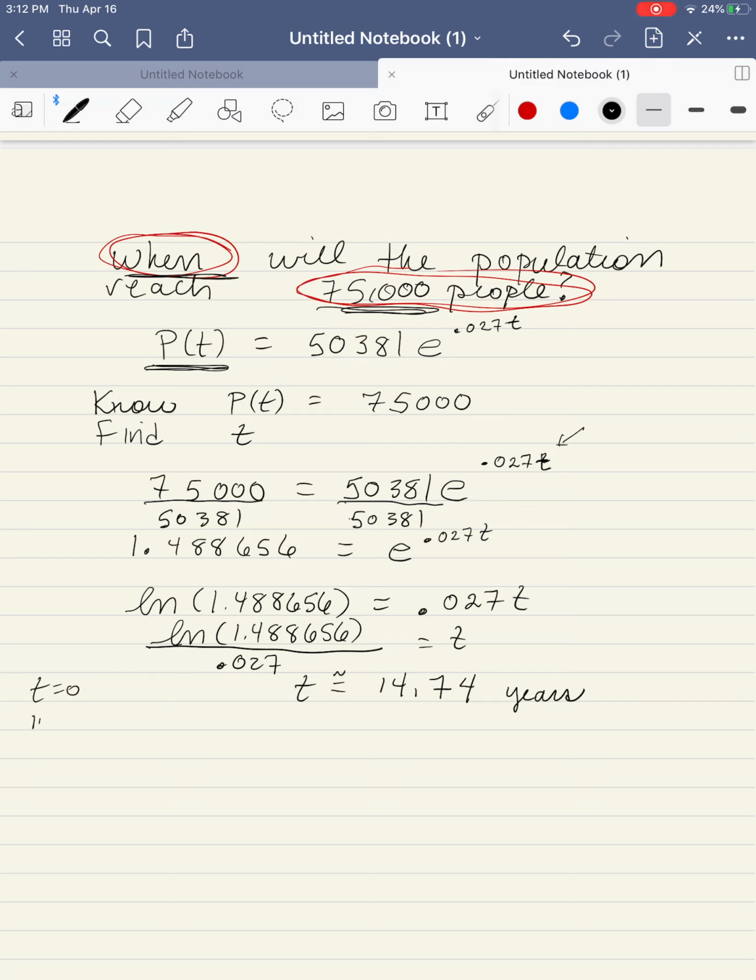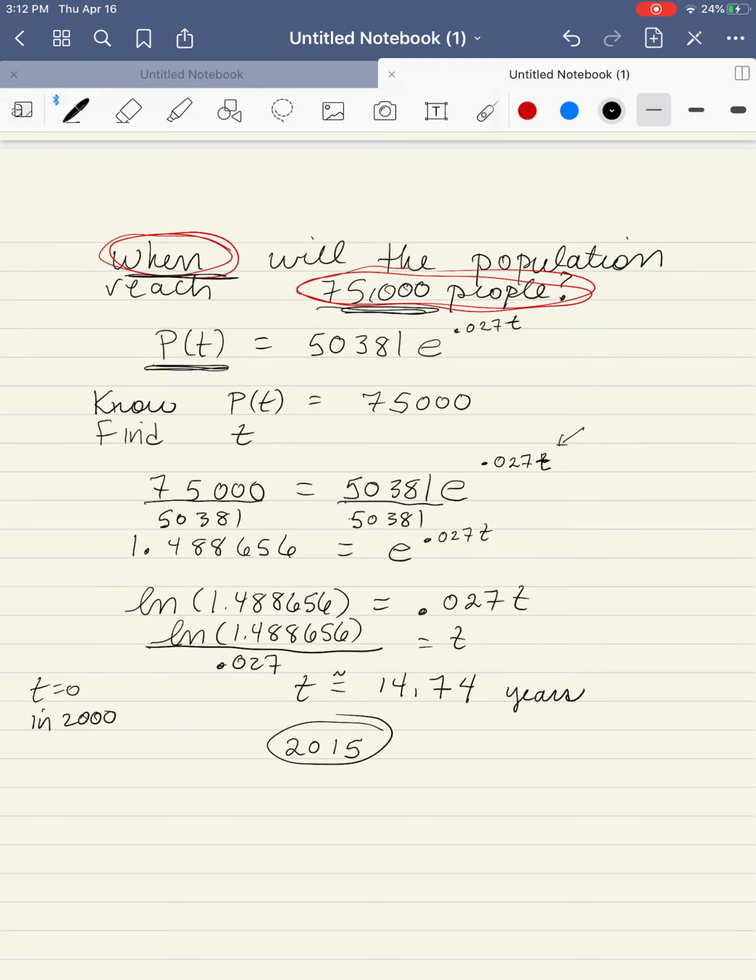So when it says, when will it reach 75,000 people, t equals 0 in 2000. So I see that I am going to get to 75,000 in about 3/4 of the way through 2014.